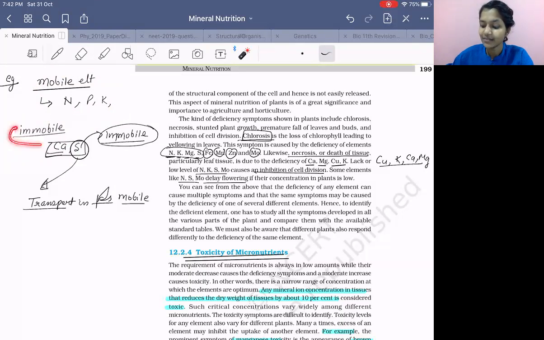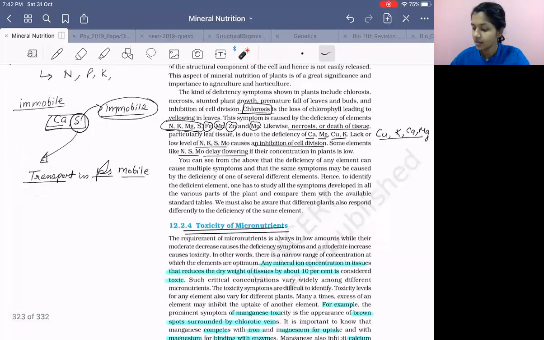But if the element is immobile, it will remain with the older part of the plant. It will not come to the younger part. That's why the symptoms you first see are in the younger part of the plant. Calcium and sulfur are examples of immobile elements.